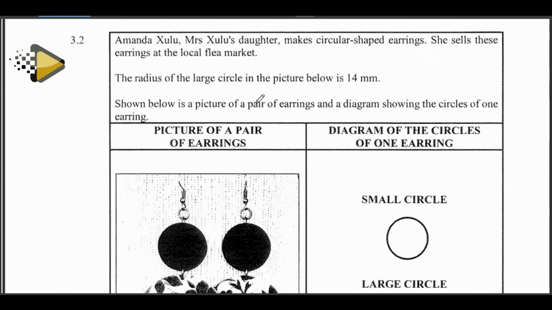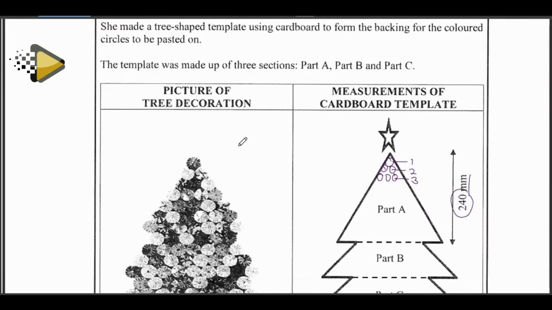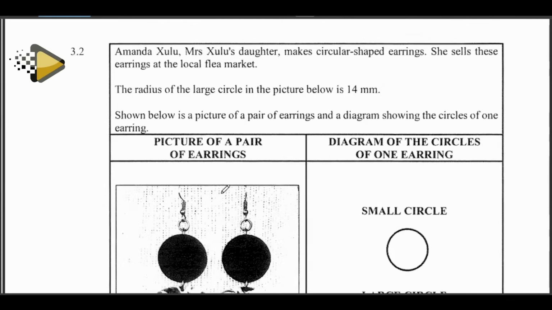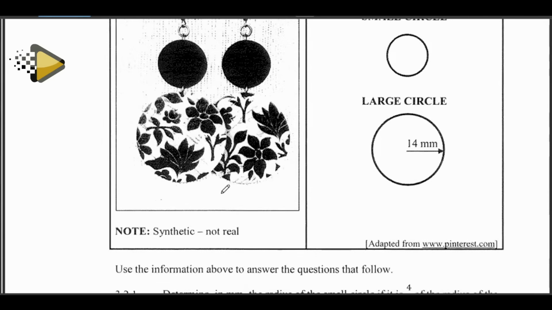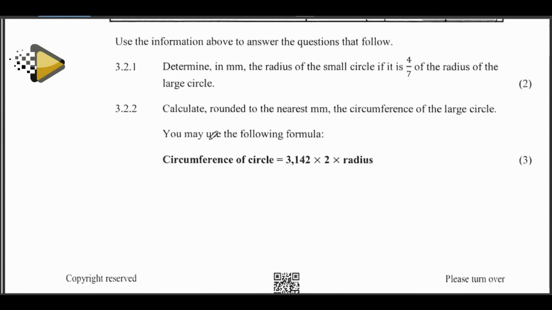Shown below is a picture of a pair of earrings and a diagram shows the circles of the earrings. 3.2.1, determine in millimeters the radius of a small circle if it is 4 over 7 of the radius of a big circle. This is simple.